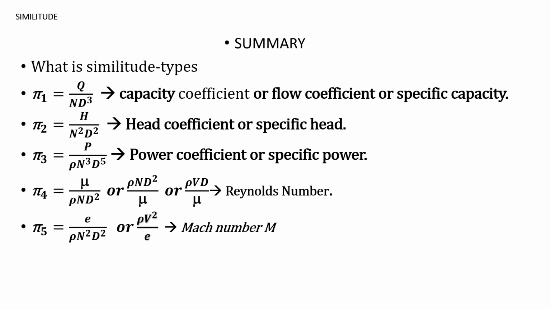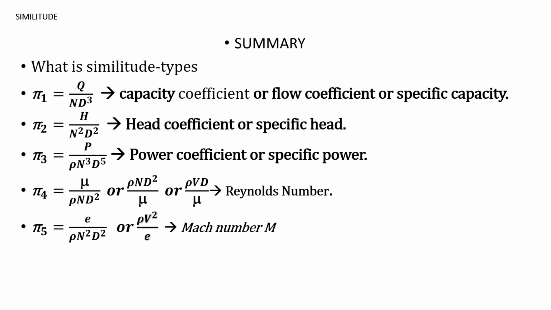To understand this similitude, we considered a few variables and applied the Buckingham pi theorem, and we got pi terms. We understood what each pi term indicates, and at last we applied the pi terms considering a centrifugal pump example, applied a capacity coefficient and head coefficient, and understood the graph.